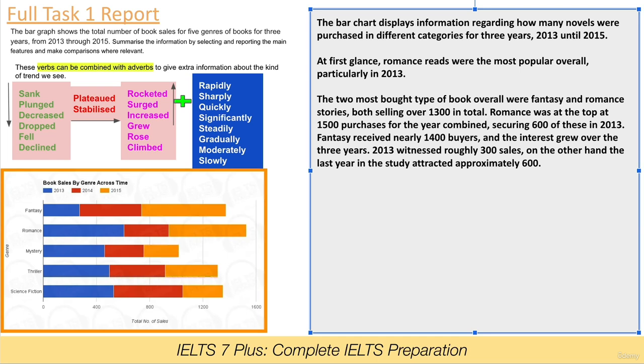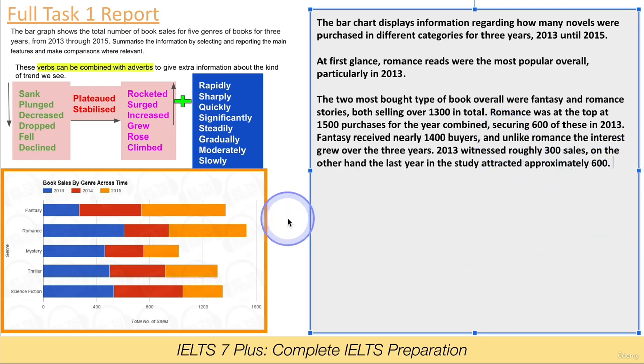Fantasy received nearly 1,400 buyers, and the interest grew over the 3 years. Maybe we could say, and unlike romance, 2013 witnessed roughly 300 sales. On the other hand, the last year in the study attracted approximately 600. Okay, I think that's good. We've just gone back and tweaked it a little bit there.